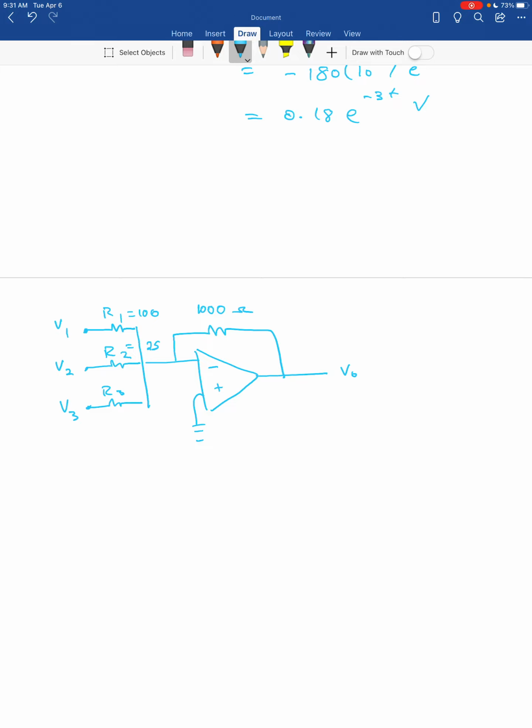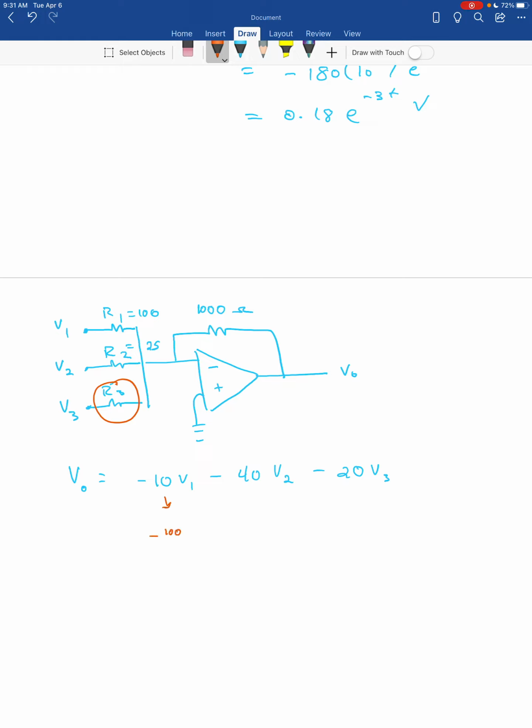And what we're asked is to find R3 if V out is minus 10 V1, minus 40 V2, minus 20 V3. So R3 is here.